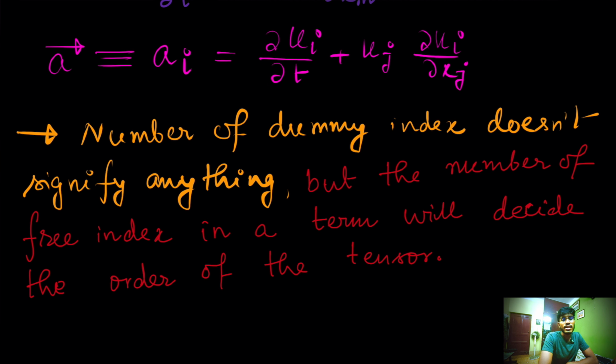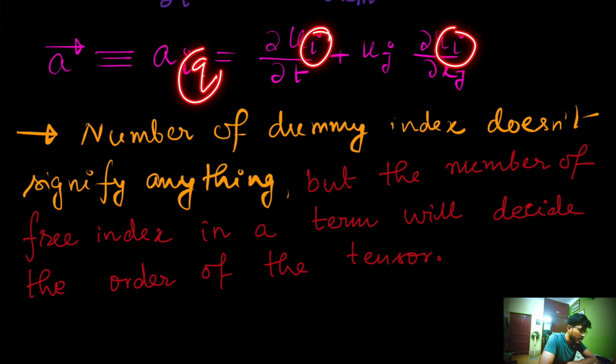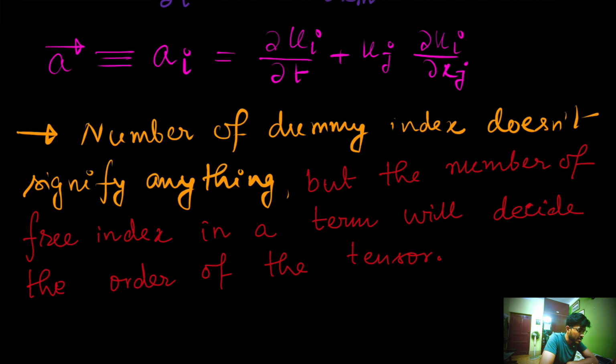Each term in an equation must have the same free index and same number of free indices. So I cannot write q here if this is I. If this is q, then this also has to be q. So free index in every term in the equation must be the same, but the dummy index can be changed.